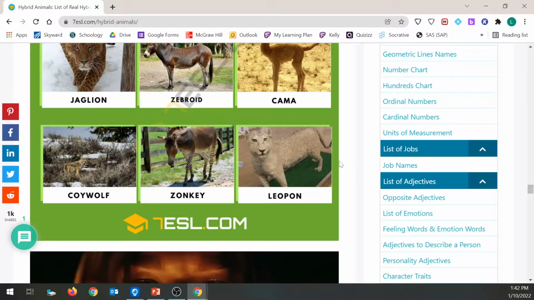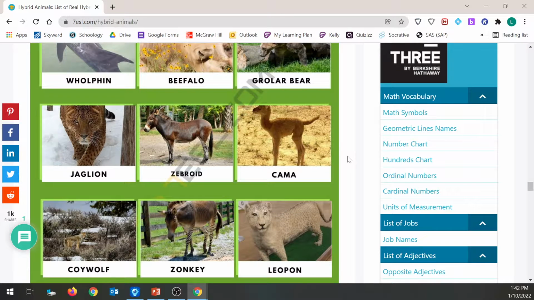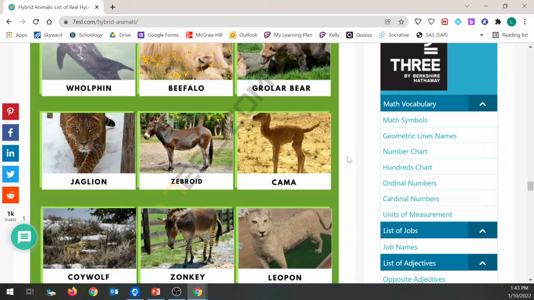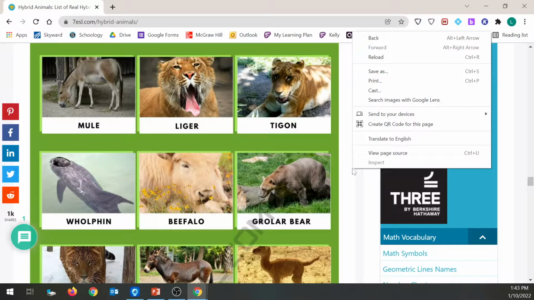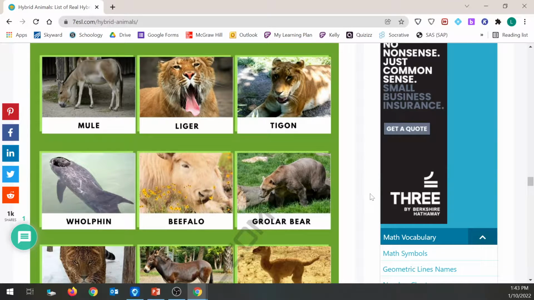Can we look up more? When I googled it, they showed all these fake photos. A dolphin is real. It's a whale and a dolphin. Have you ever seen a beefalo? Have you heard of grolar bears? A grizzly bear and a polar bear.